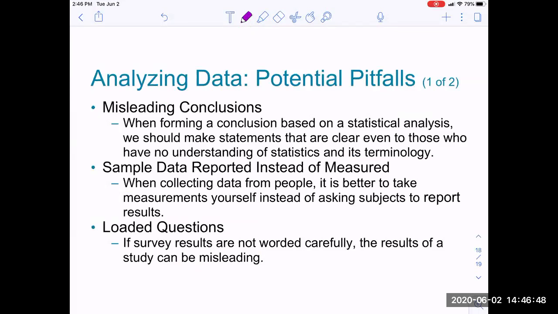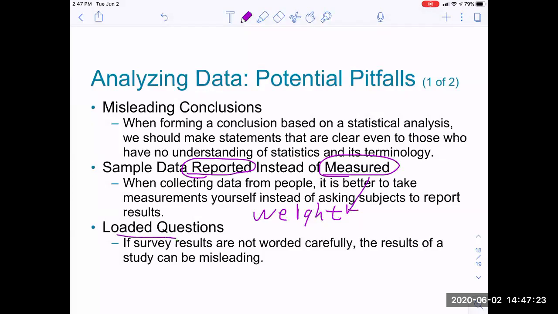Let's quickly run through some of these. You can read about them. This is a biggie. When people report data instead of you, the statistician, measuring it, think of asking people about their weight. Well, some people are hesitant to actually give their true weight, so they may lie to you. A better way is if you actually weighed them.